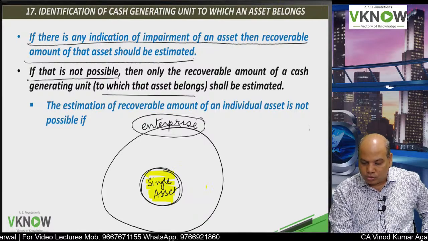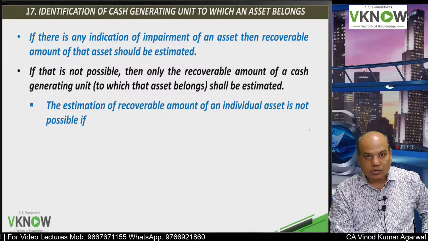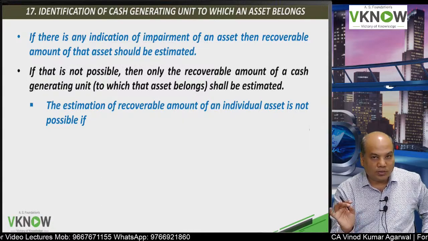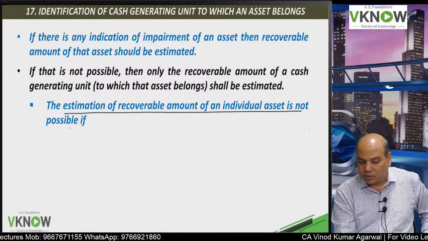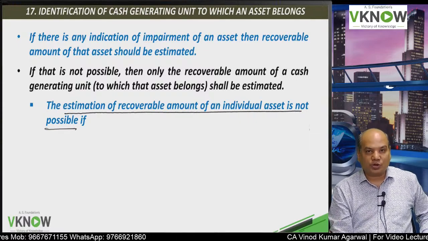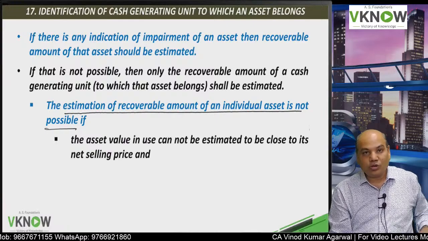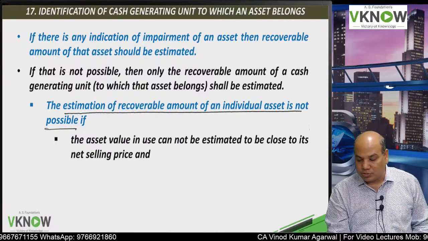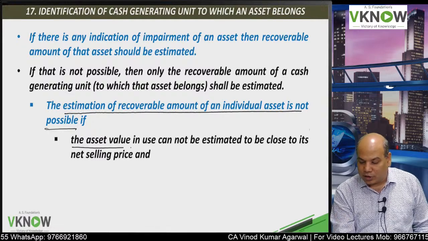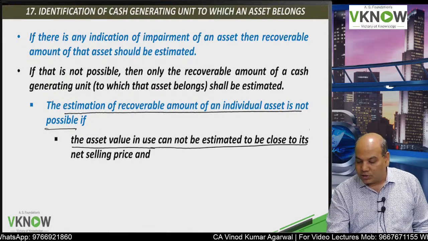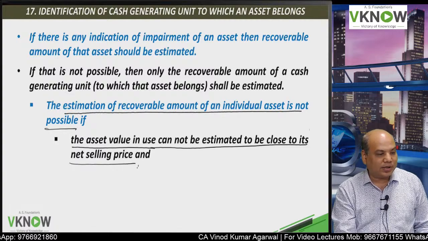So when will you go to the CGU level? If the estimation of recoverable amount of an individual asset is not possible. Estimation of recoverable amount is not possible for an individual asset if the asset's value in use cannot be estimated to be close to its net selling price.